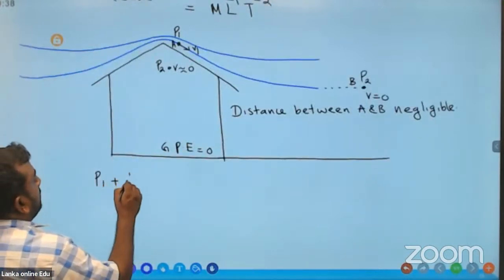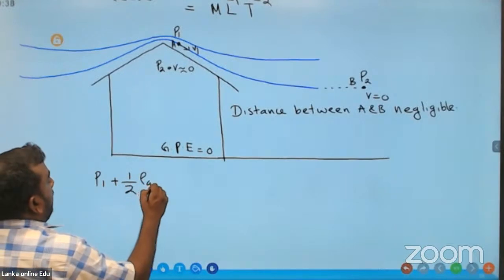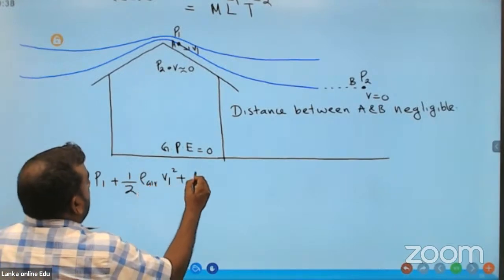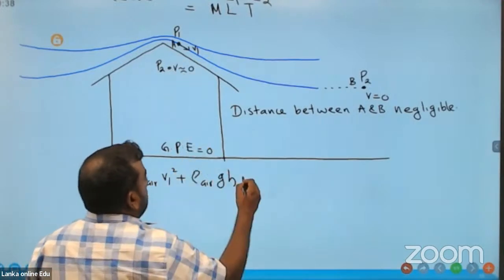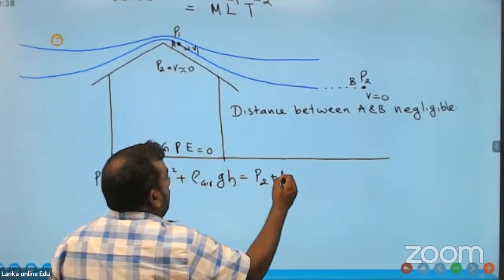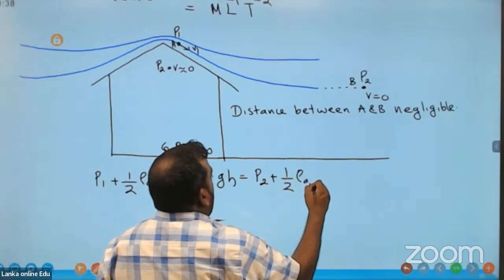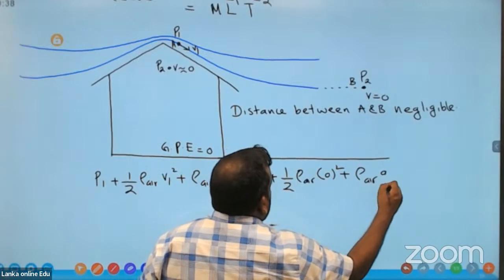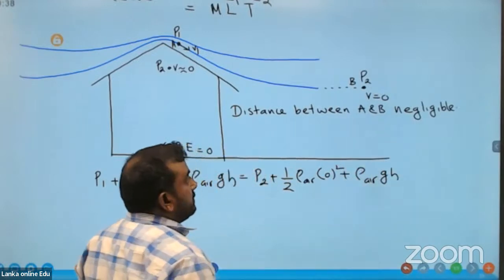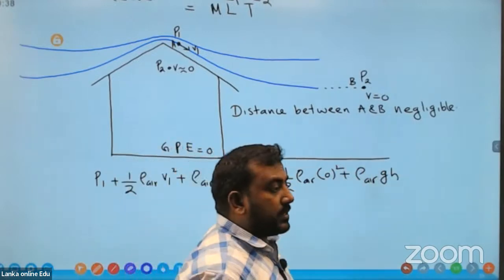So if you apply, this is what you will get. P1 plus half density of air V1 squared plus density of air G times H. Here, pressure P2, half density of air, velocity is 0 squared, plus density of air GH, same height. Distance between A and B negligible, so same height.